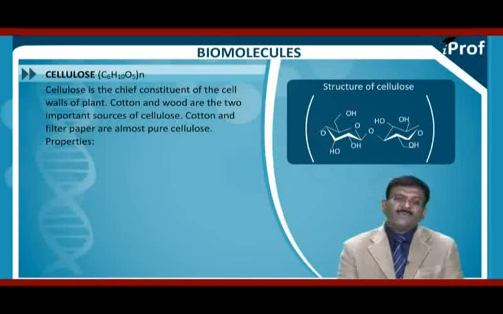Hence, these animals can feed on grass, straw, etc. These are all cellulosic materials. Man and other mammals do not have cellulases in their digestive tract, hence they cannot use cellulose as foodstuff.